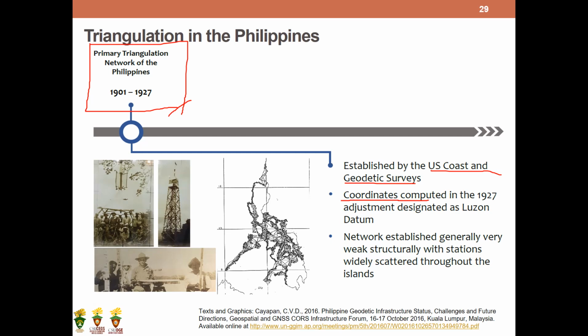So as you can see, mao ni siya ang mga triangulation networks nga na-establish during sa 1901 to 1927, which is ang Luzon Datum. So as you can see, more on kasagaran na aragid sa coastal areas, wala kay siya sa mountainous. So mao nang weak ang iyang structural sa network.